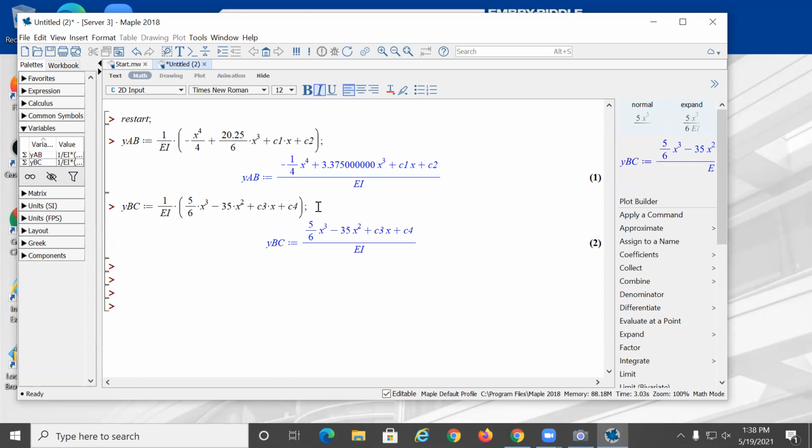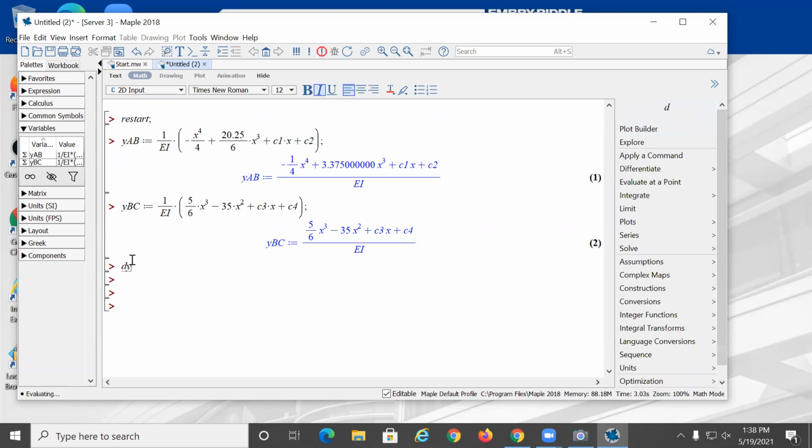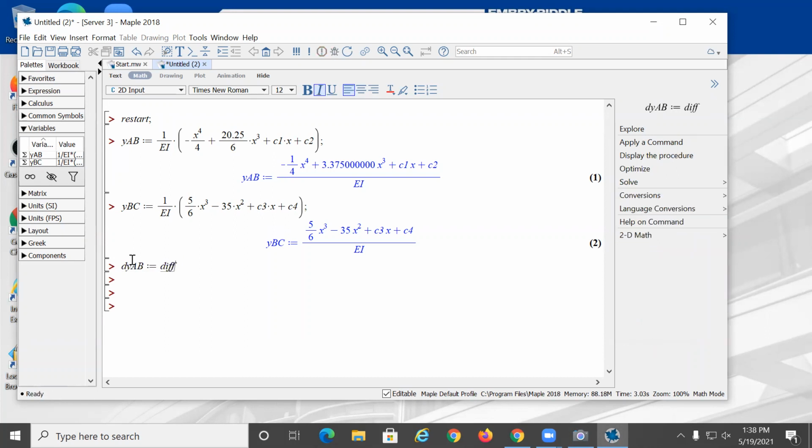All right, so we should be able to apply the condition with this one, but let me do the other two at the beginning. So we have DYAB, which should be equal to what? To the differential of this one instead of integrating.